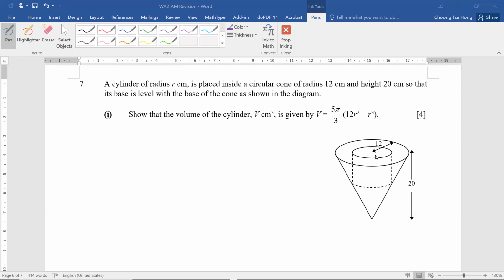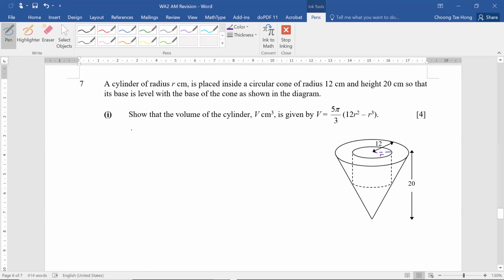Over here we are told that this cylinder has a radius of r cm. They didn't label it here, but we can label it in the diagram on our own. So over here we have the radius r. We know the formula for the volume of a cylinder. You need to know some formulas for different solids such as cylinders, spheres, and cones.